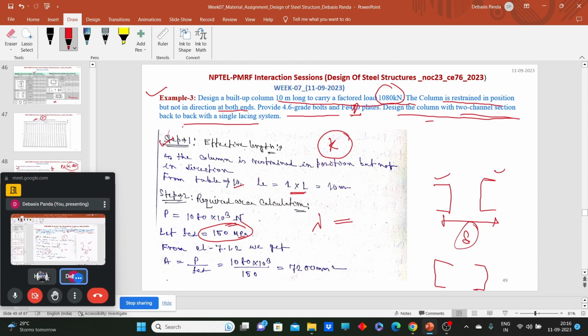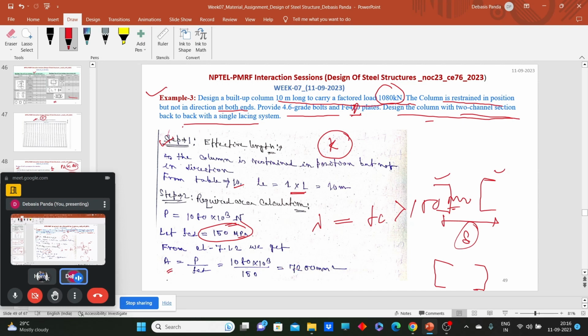So it's like a primary sizing of the channel section. If you consider an FCD value more than 150 MPa, then I think most built-up members will be safe.